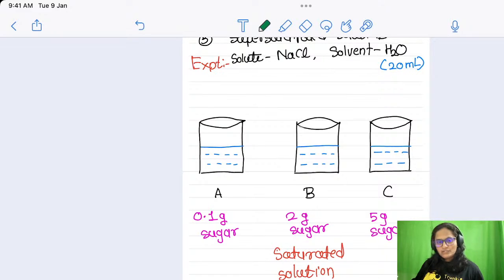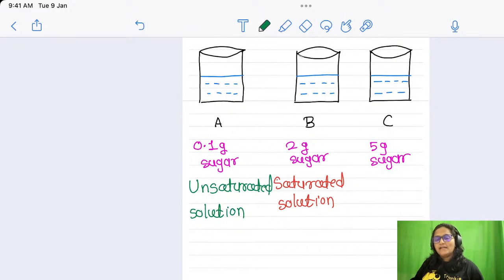So in case of 0.1 gram of sugar, there are fewer molecules of sugar present in the beaker than the required amount. Therefore, this is called as unsaturated solution. Un means not. Unsaturated means not saturated, right? So beaker A contains unsaturated solution.